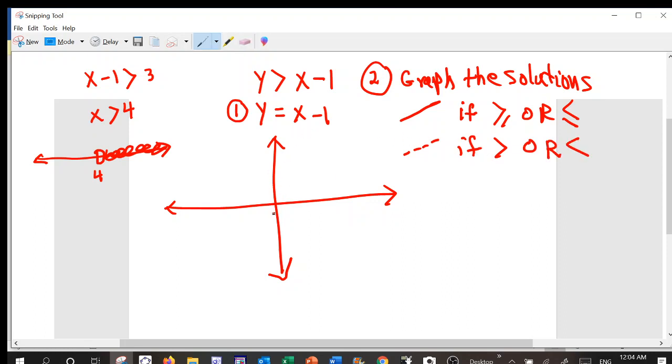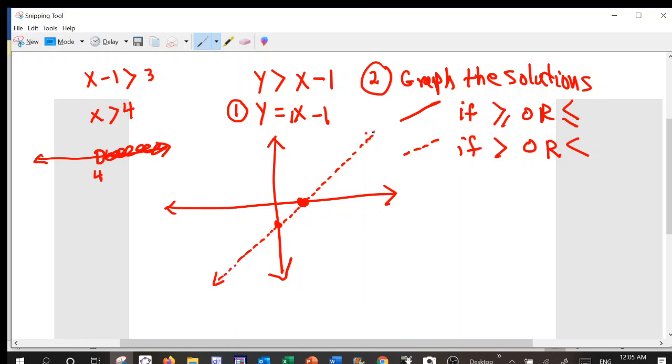So let's graph this. I need 2 points. I go to the y-intercept, and then the slope is 1, so I go up 1, right 1. That's another point. And then to graph this line, I'm going to use a dotted line. There. Okay? So that's that line.